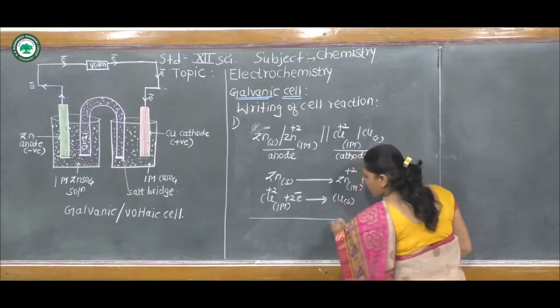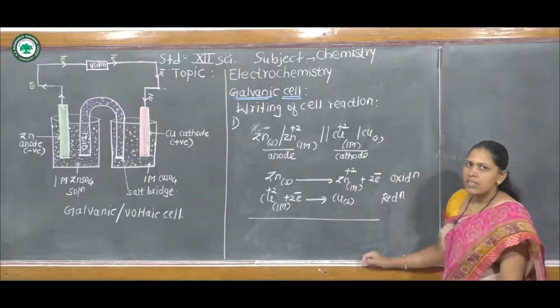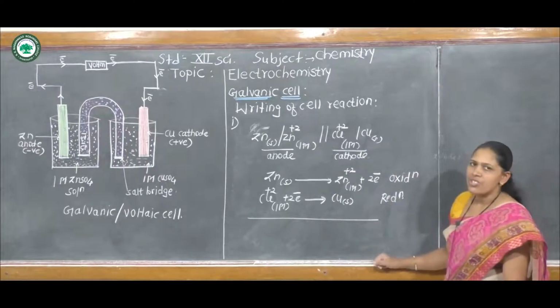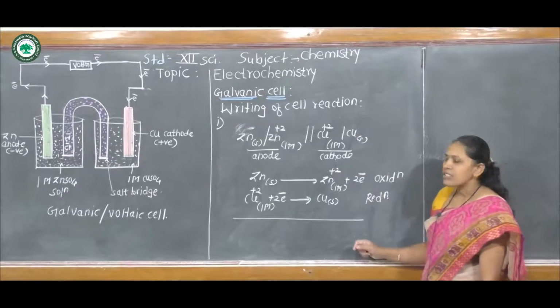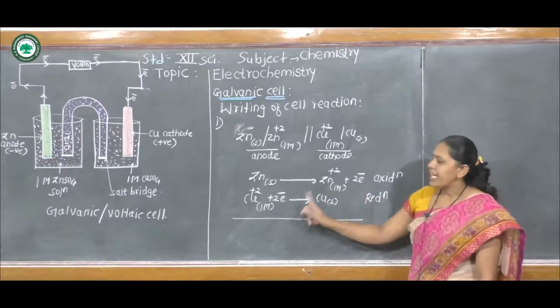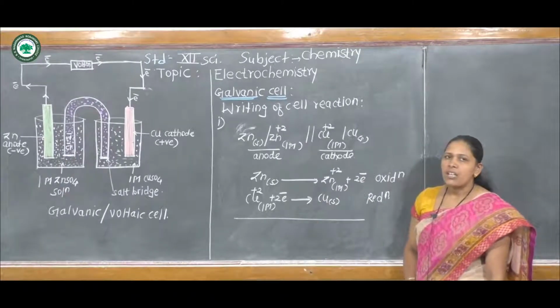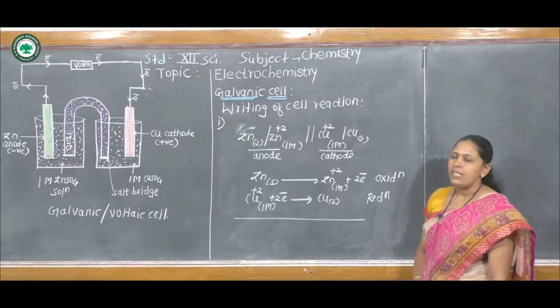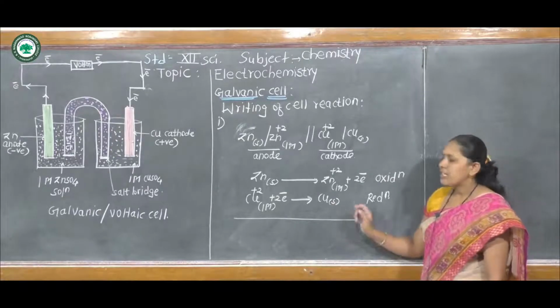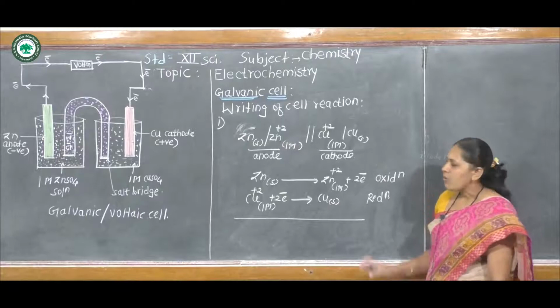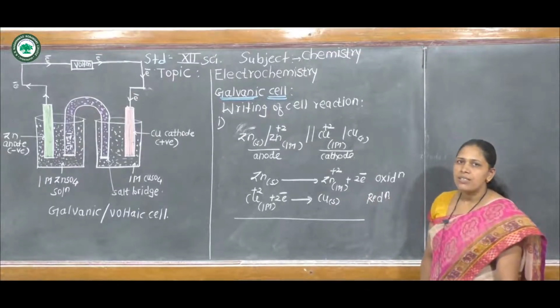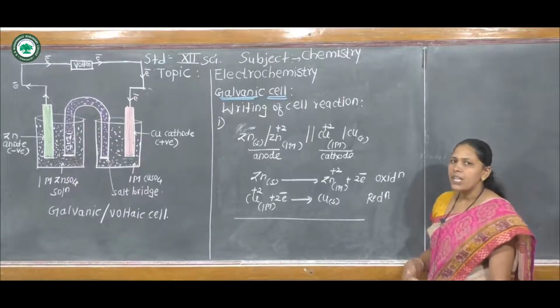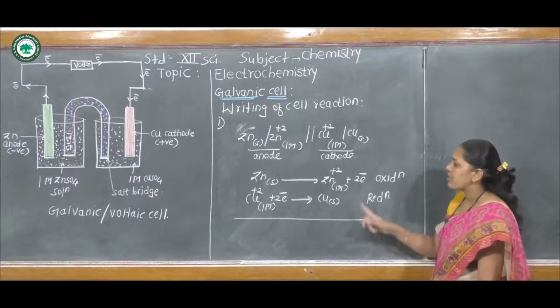and by addition of these 2 equations, it is confirmed that electrons involved in both reactions will be same. If not same, then it is necessary to multiply one or both equations by a suitable numerical factor.